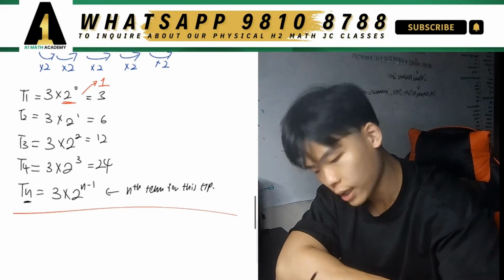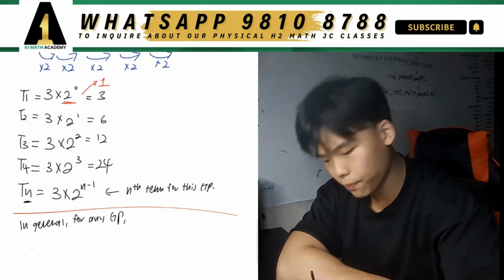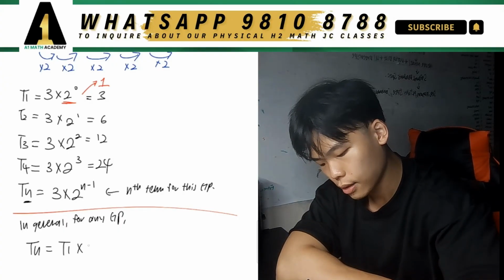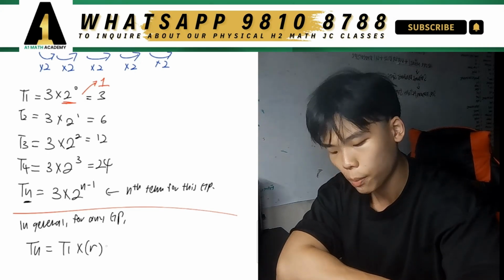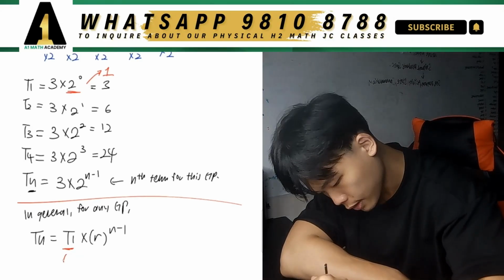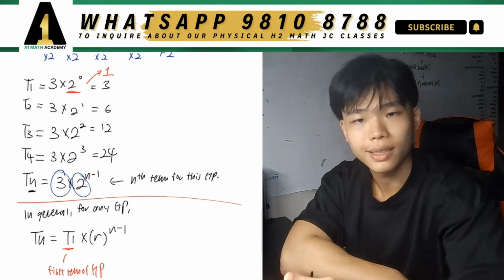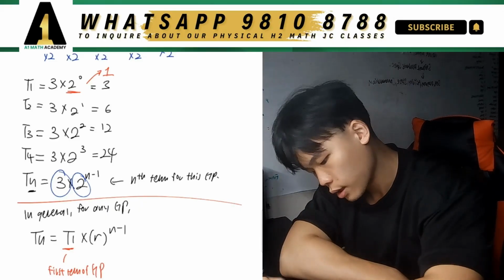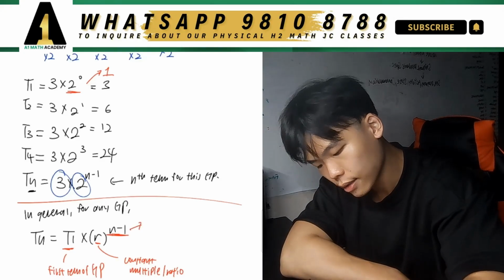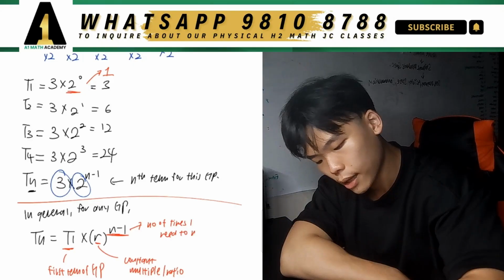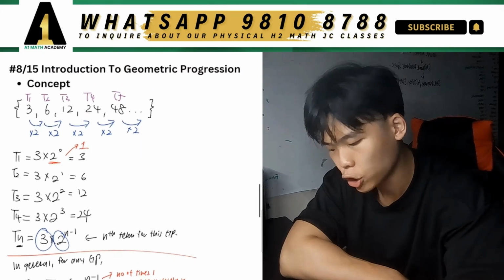In general, for any GP, the nth term is Tn equals T1 times R to the power of n minus 1, where T1 is the first term of the GP, similar to the 3 over here, and R is the constant multiple, the common ratio. We'll call it ratio from now onwards. And n minus 1 is the number of times I need to multiply R to T1 in order to move forward to Tn. This is the general formula for GP.